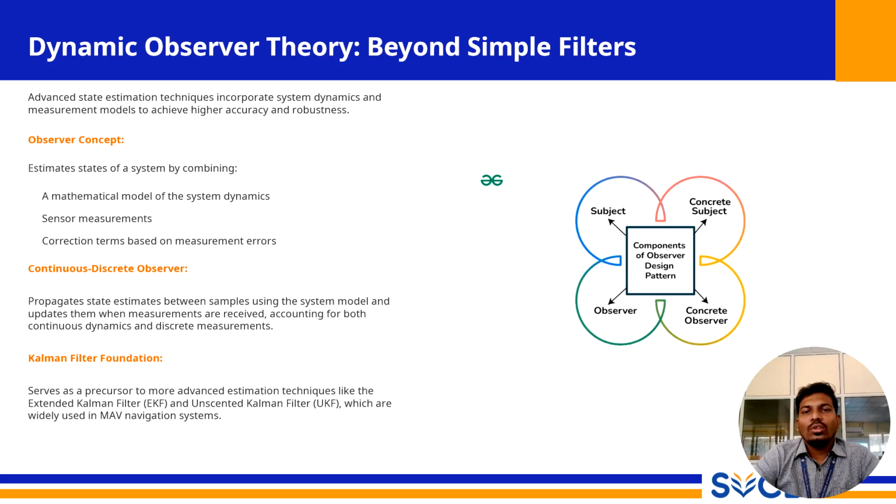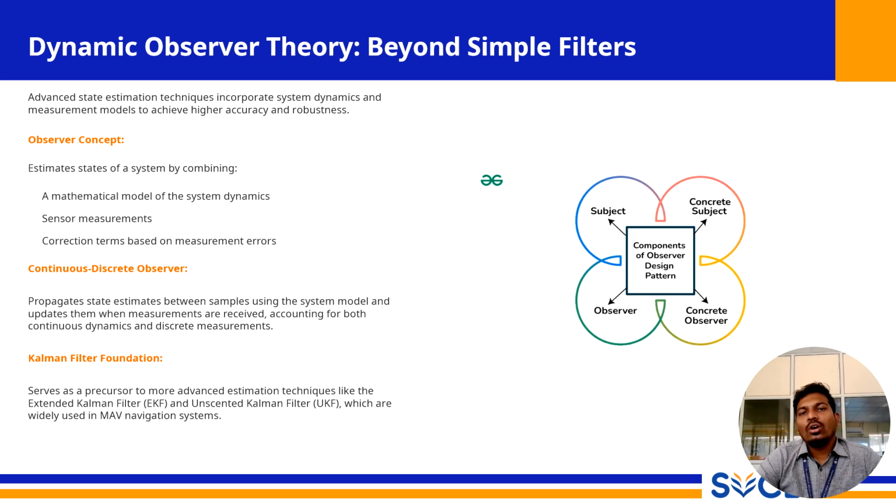First, it uses a mathematical model of the system's dynamics. This is the predictive component. The observer takes the last known state and the control input sent to the motors, and uses its internal physics model to predict what the new state will be.